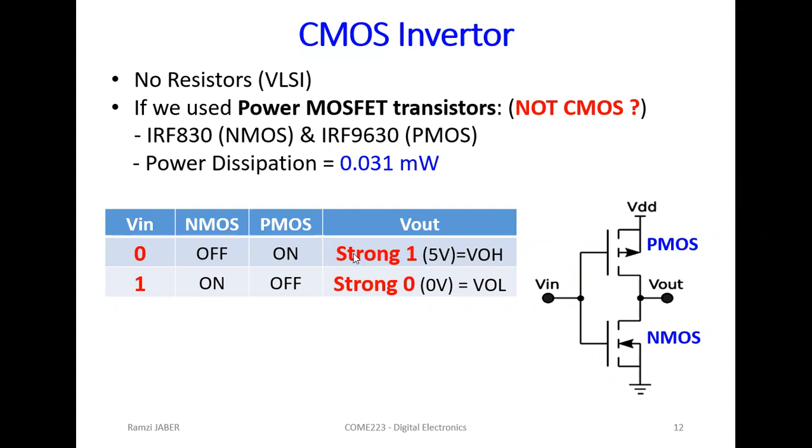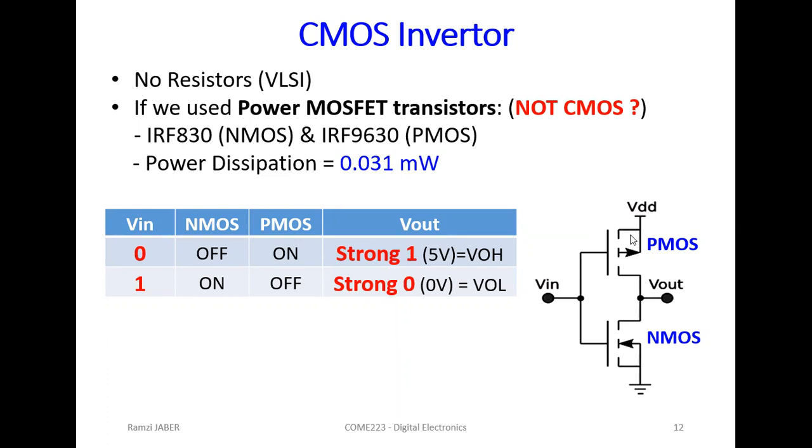And the inverse: if the input is high, the NMOSFET will be on and the PMOSFET will be off. So again there is no current here, because when the PMOSFET is off, this part of the circuit does not exist.